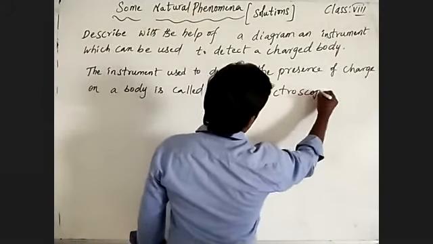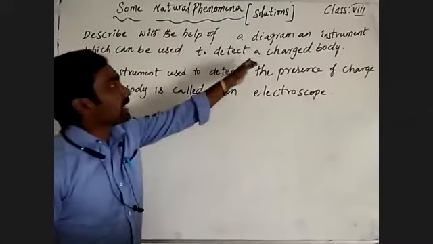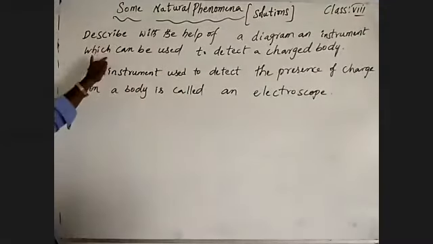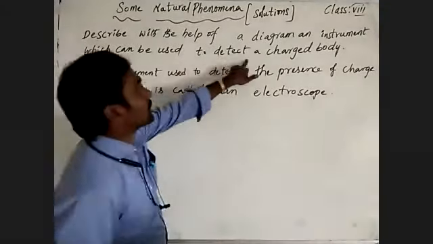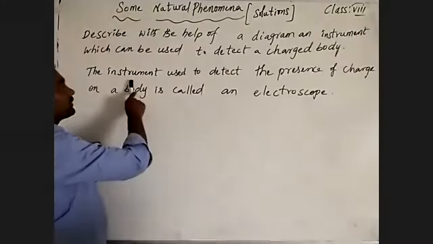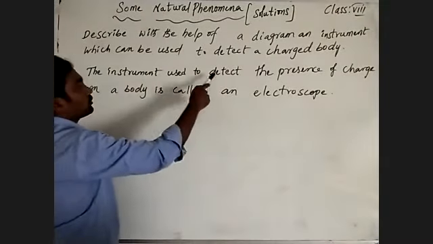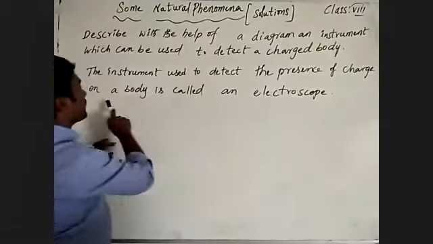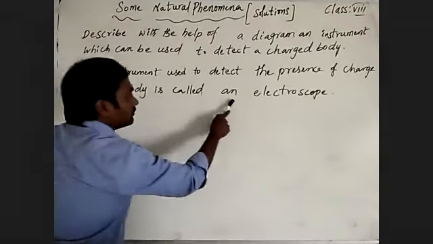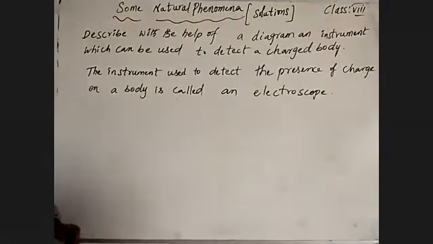See there, what is the device? With the help of a diagram, it is an instrument which can be used to detect a charged body. The instrument used to detect the presence of charge on a body is called an electroscope.